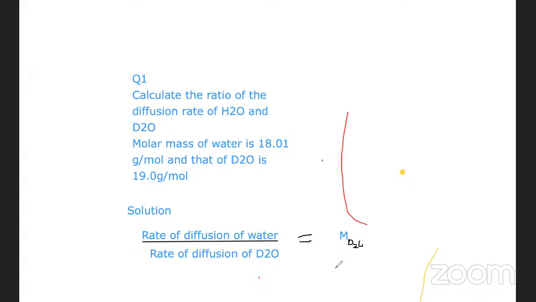So we were not given the rate of diffusion of either of them, but the ratio is what they want. And what is the ratio?